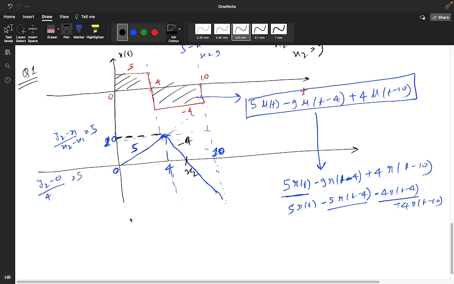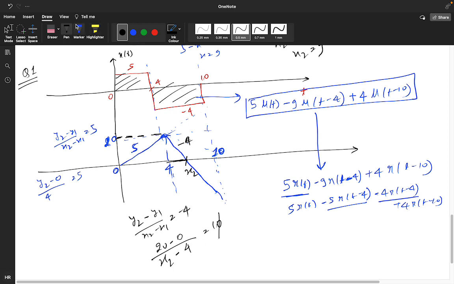So y2 minus y1 divided by x2 minus x1, I'm getting minus 4. So y2 is 20, y1 is 0. Y1 means this point. Y1 is 0 divided by x2. X2 we don't know, and x1 is minus 4. So it's 10.